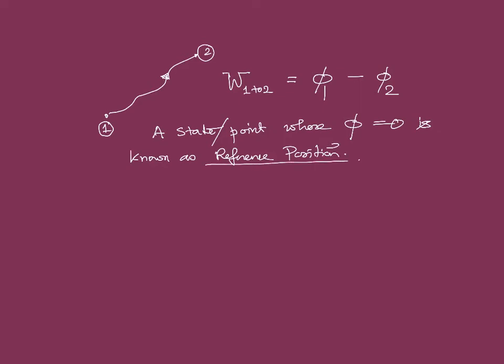So what matters is the difference in phi, not the absolute value of phi. You can call this phi as U also, U for potential energy. So all these things represent potential energy. U or phi, you can write it like PE also. So W1 to 2 by conservative forces is U1 minus U2.